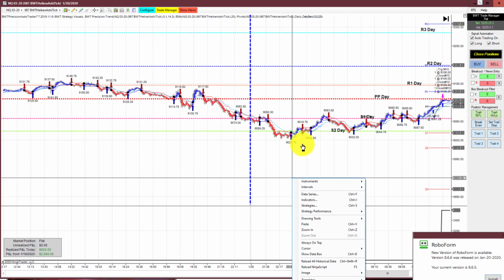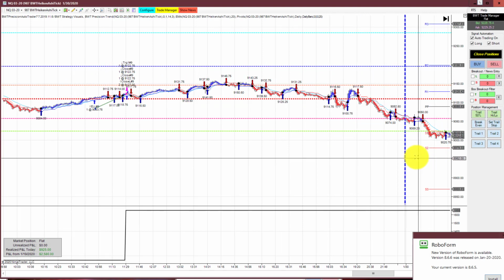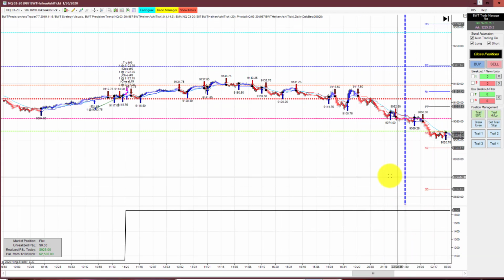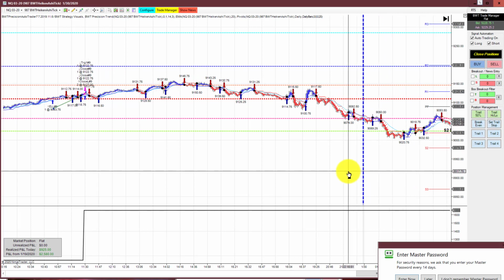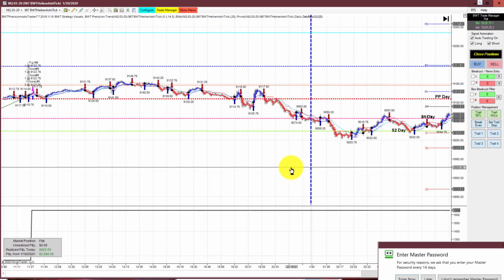Let's go back to the beginning of the session and scroll to the right, and you can see how these levels reacted as support and resistance.